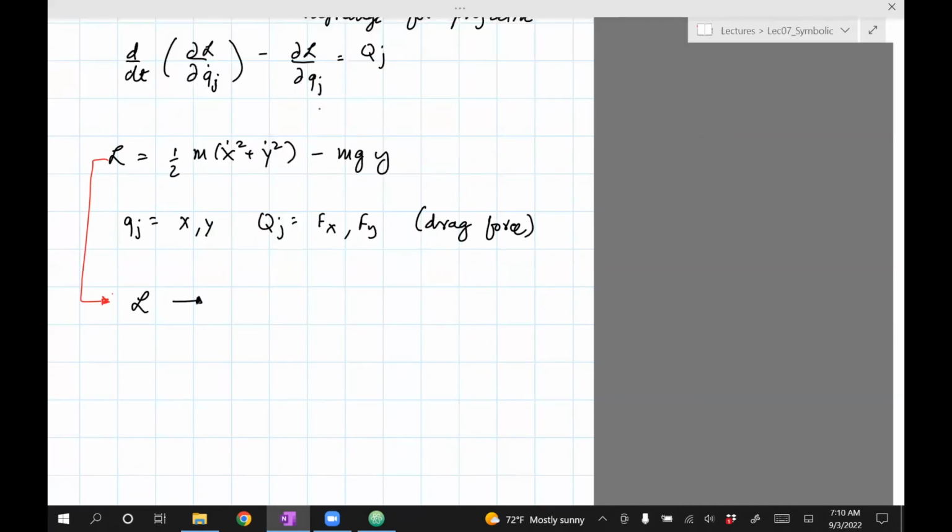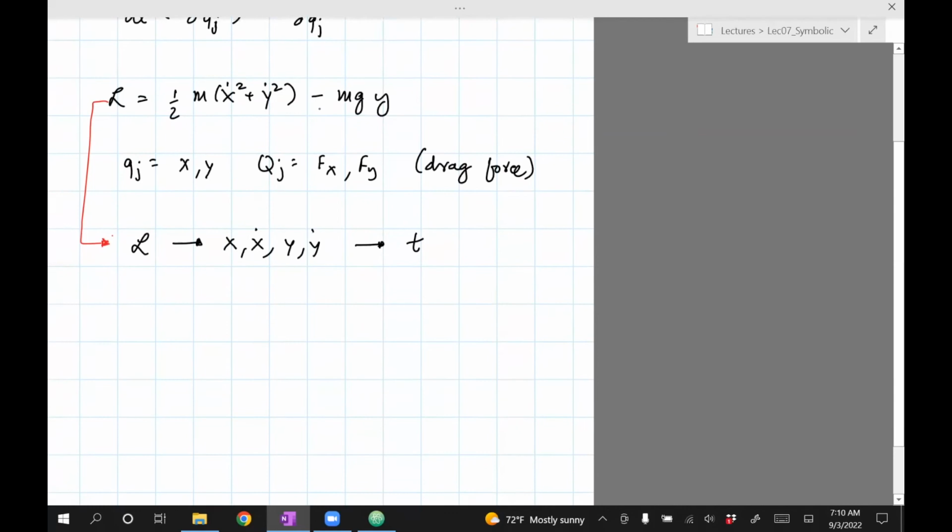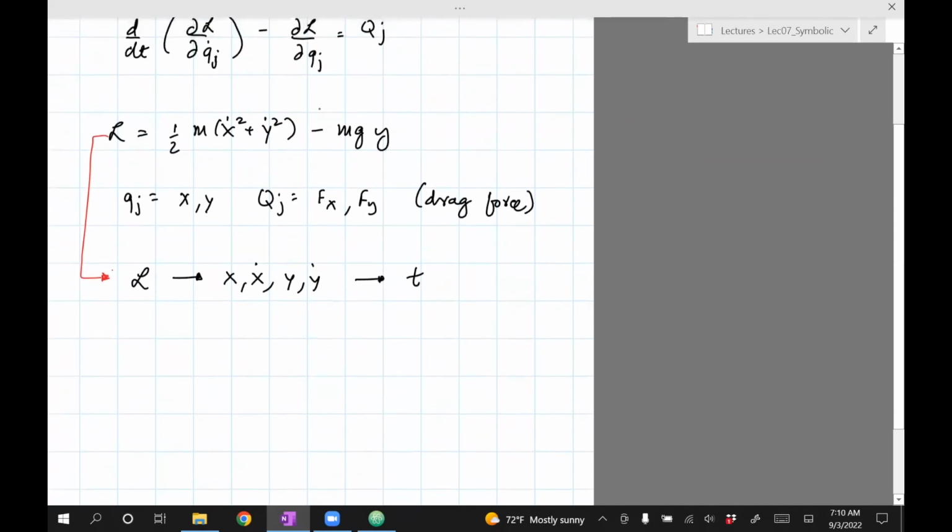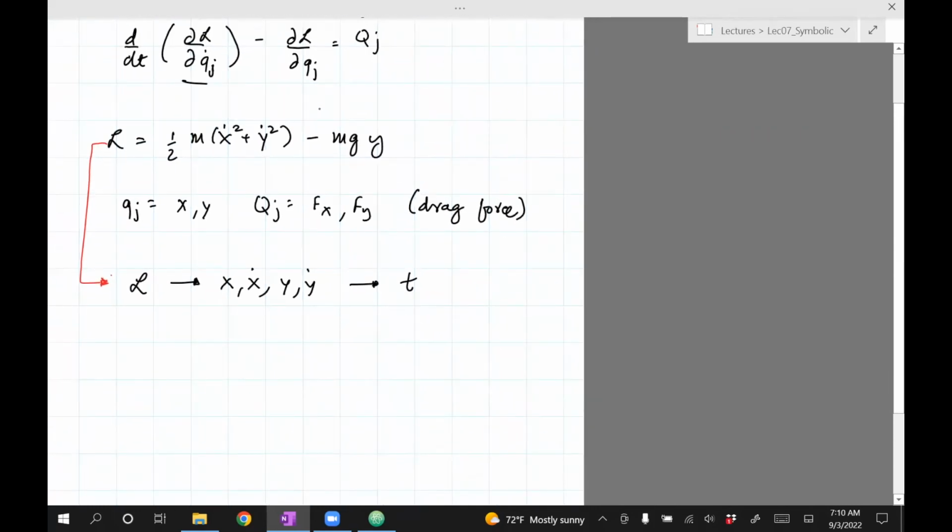The Lagrangian is a function of x dot, y dot, which in turn is a function of t. So let's now compute these individual terms. So we have dL/dq dot.